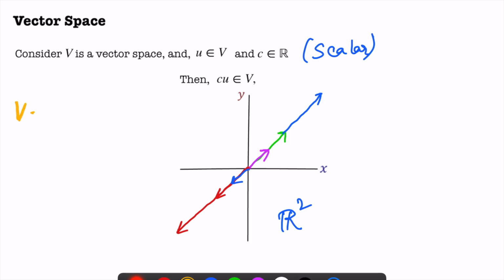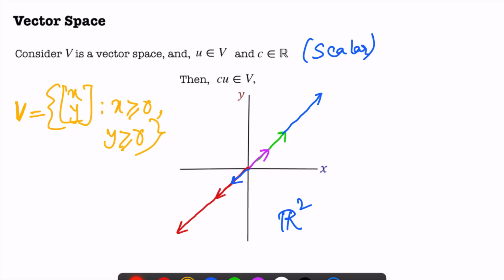Let's say V is a set of vectors (x, y) where x is greater than or equal to 0 and y is greater than or equal to 0, right? So x, y both greater than or equal to 0 means we are talking about this region. In that case you take any vector in this region.